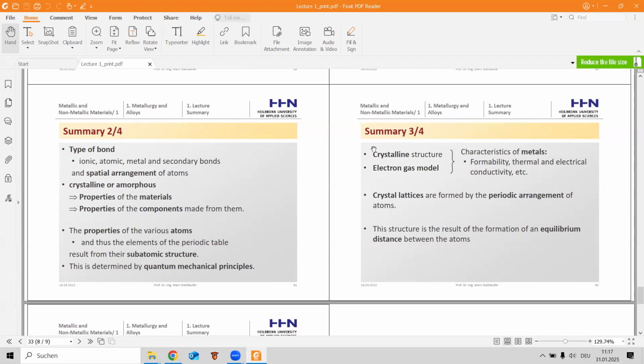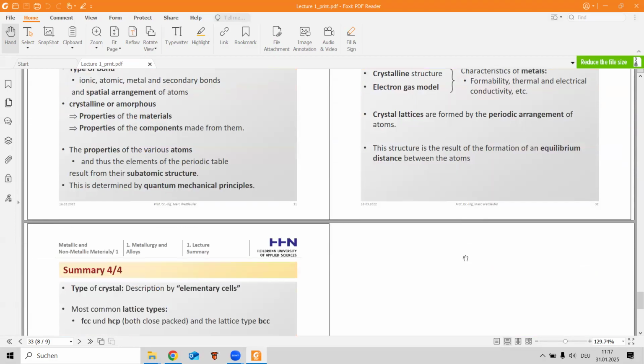Combining crystalline structure and the electron gas model, we can describe characteristics of metals like formability and thermal and electrical conductivity. Crystals are formed by a periodic arrangement of atoms, and this structure is a result of the formation of an equilibrium distance between the atoms.